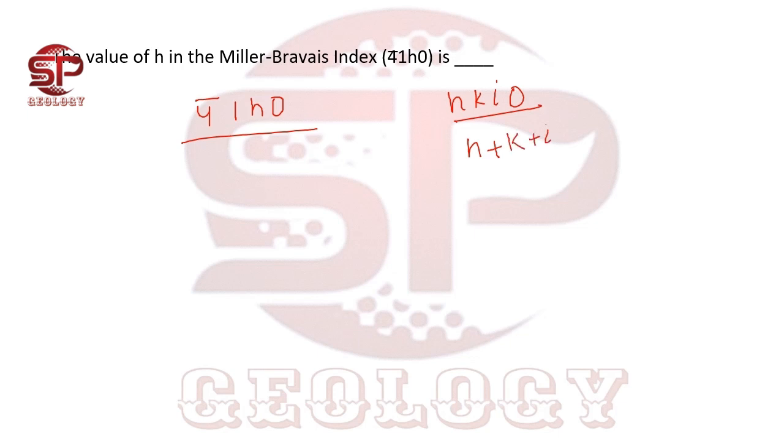Here the speciality is that h plus k plus i should be equal to 0. So with 4 bar, that is minus 4, plus 1 plus h, it should be 0. That means h will be 3 here. The answer will be 3.